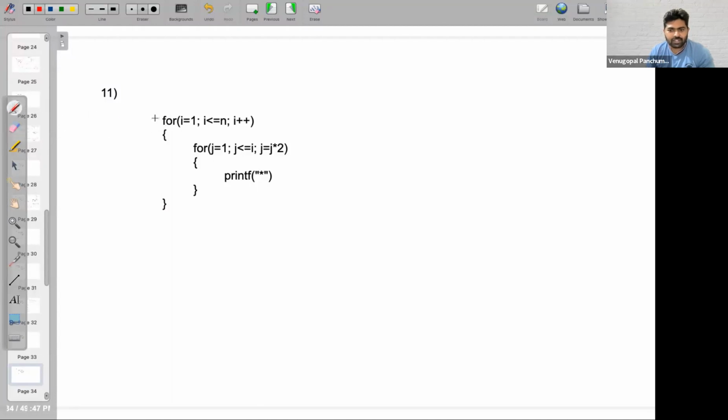Analysis you have to do, friends, in this question. This is I, this is J. So it is a dependency. Dependency means compulsorily you have to unroll, no other option.